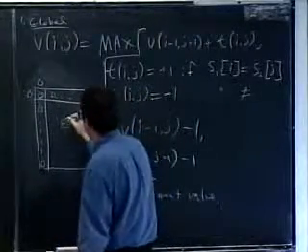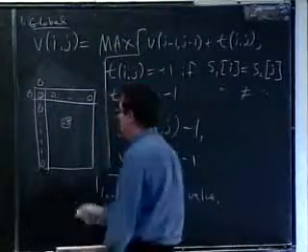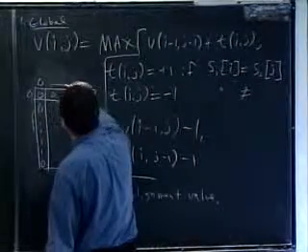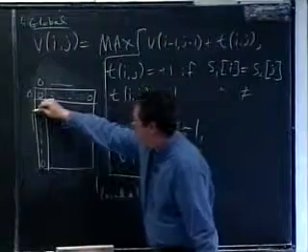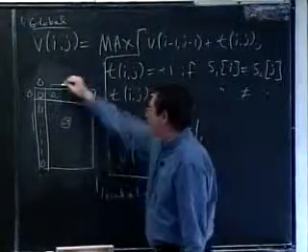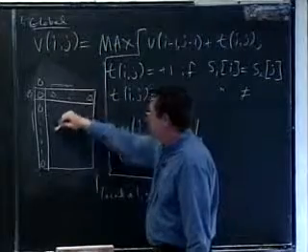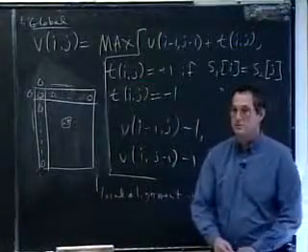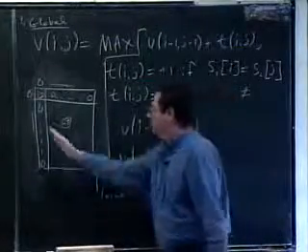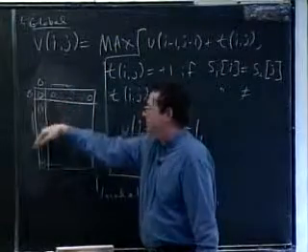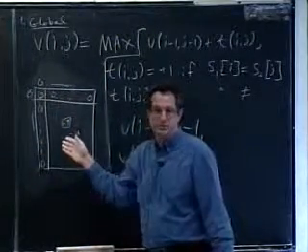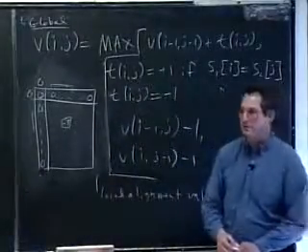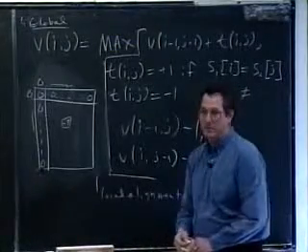That meant that if you follow the pointers back to some 0, you're aligning some portion of S1 to some portion of S2, and at that alignment you're getting a negative number. But you could always just get a 0 by throwing this stuff away. Just throw away this whole prefix, this whole prefix, and you can get a 0 in there. So you should never, in the alignment values, allow a negative number.